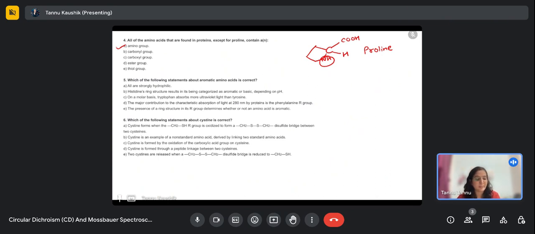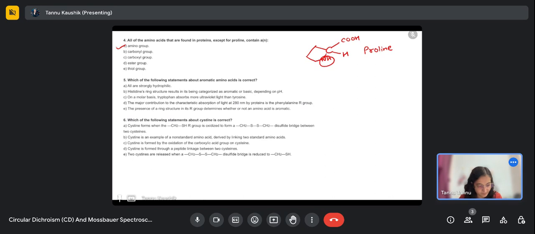No, only based on pH we can define an amino acid as acidic or basic, but not aromatic. Now the third is, on a molar basis, tryptophan absorbs more UV light than tyrosine. So that doesn't define the aromaticity.